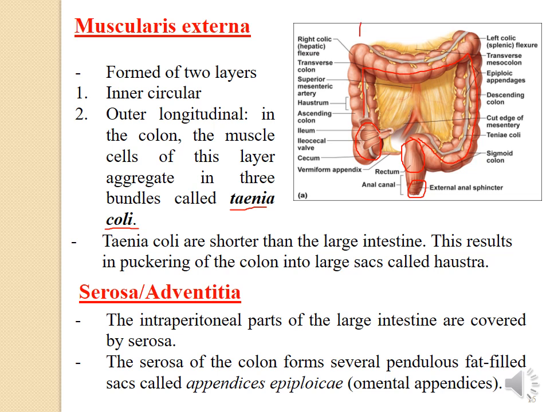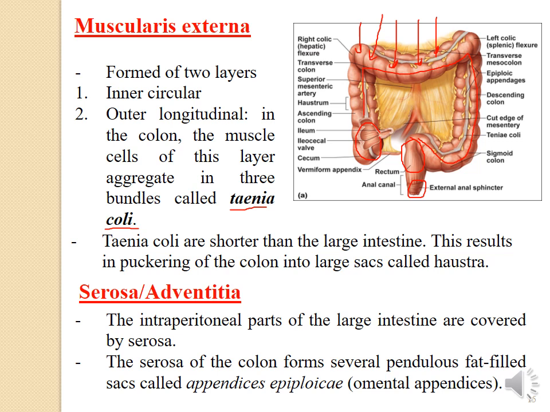Notice how we have these expanded sac-like structures here. These are the haustra of the large intestine, and these occur because the muscle is shorter than the actual length of the colon.